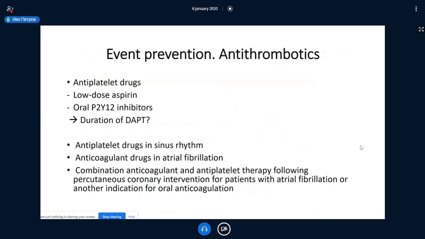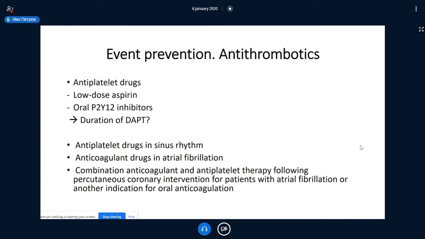Okay, let's speak about the prognosis-changing medication. In fact, as I mentioned already, we need in every clinical situation not only to release symptoms, but also to improve the event rate, to save the patient's life, to prolong the life expectancy, and to decrease the probability of clinical events.